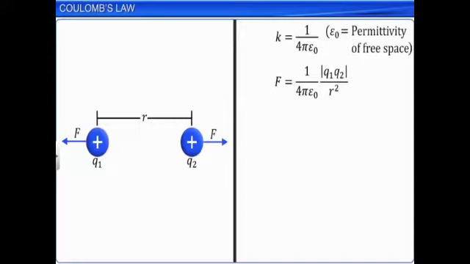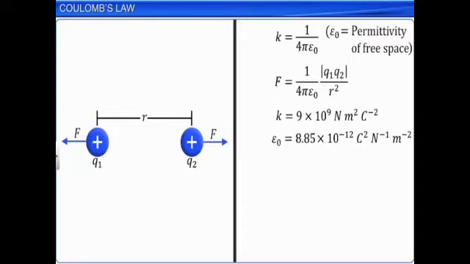In SI units, the value of the proportionality constant k is approximately equal to 9 into 10 power 9 Newton meter square per Coulomb square, and the value of epsilon naught is equal to 8.85 into 10 power minus 12 Coulomb square per Newton meter square.